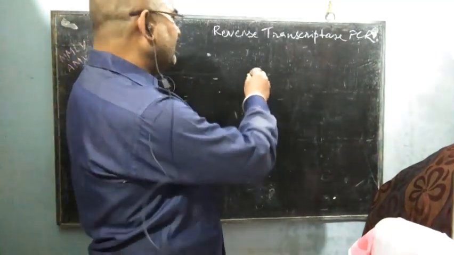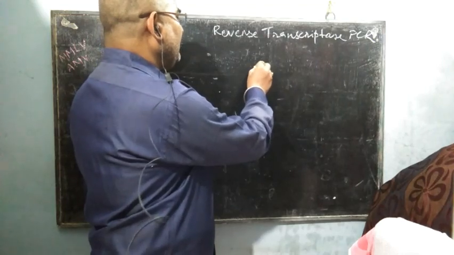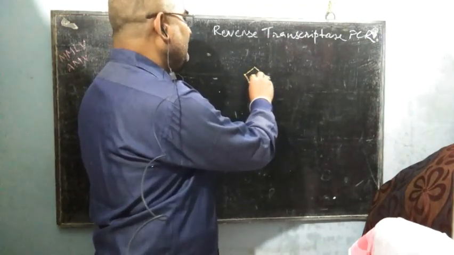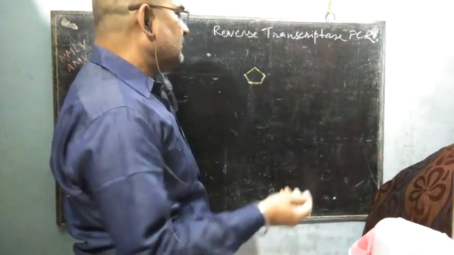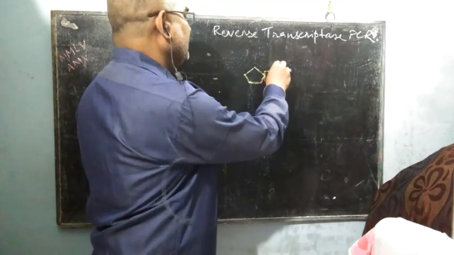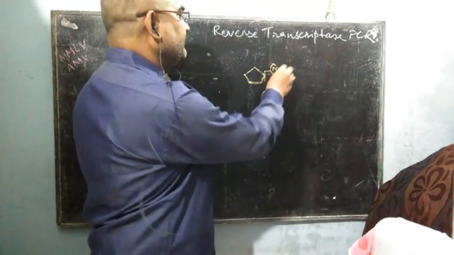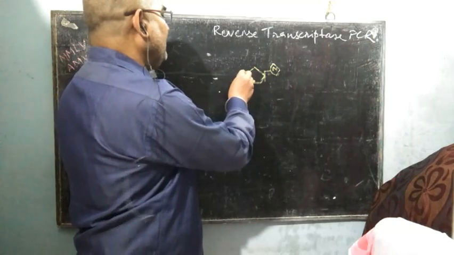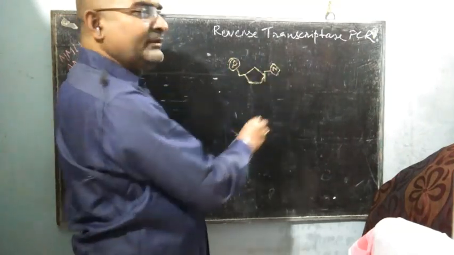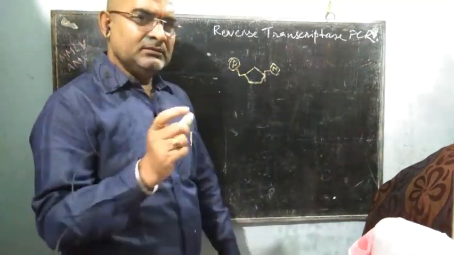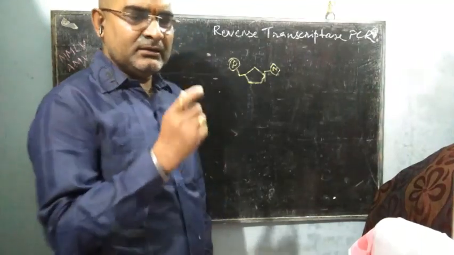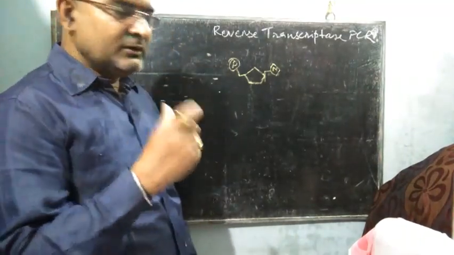Again, I am writing here that it is the ribose sugar or deoxyribose sugar, whatsoever may be. And here it is the nitrogenous base, and here it is the phosphoric acid. It represents a basic organizational pattern of a nucleotide.